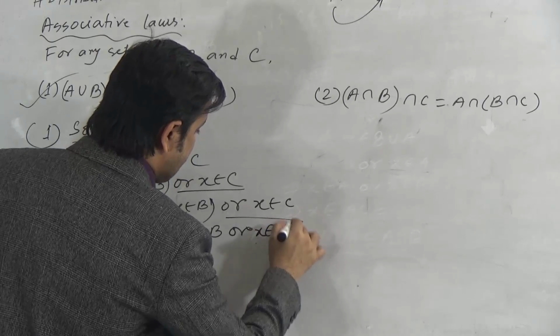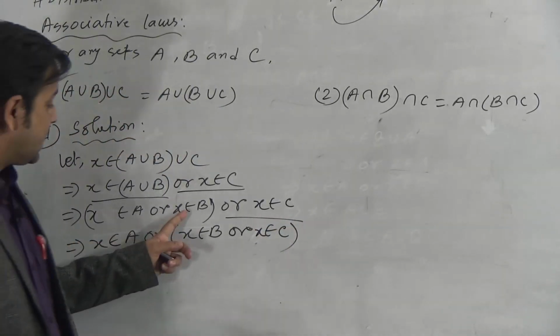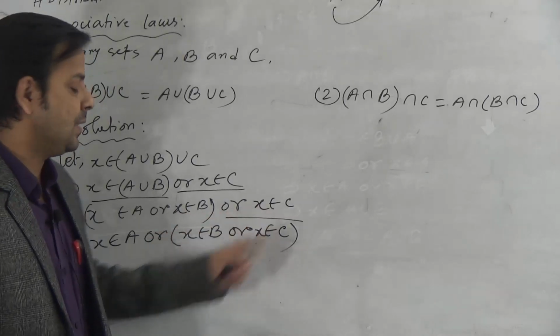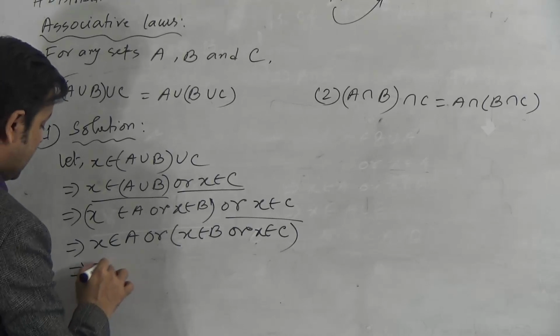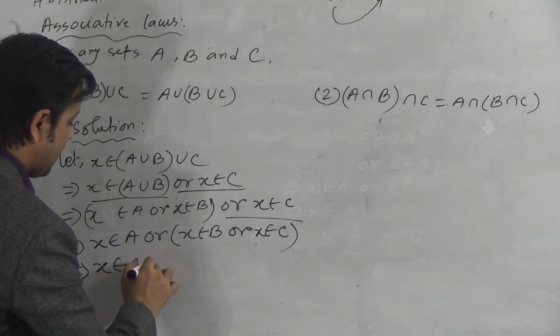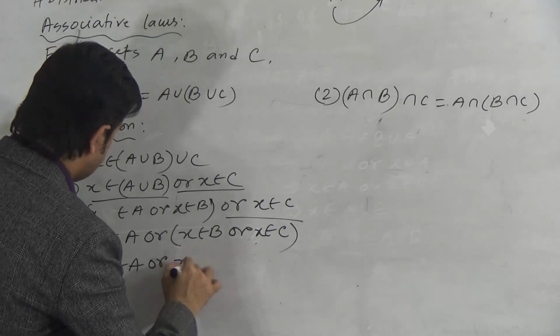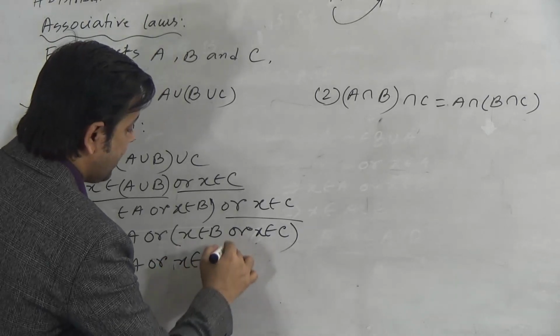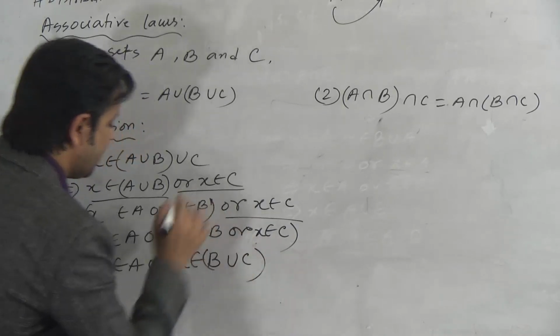Now we will consider this B with C. Now X is contained in A or X is contained in B union C, as here is or, we can write union.